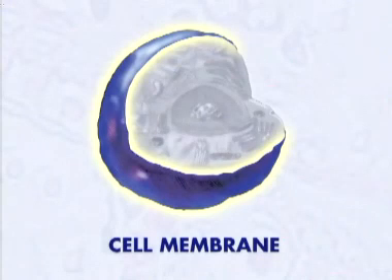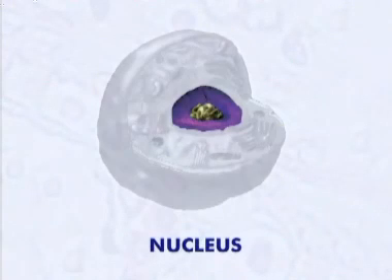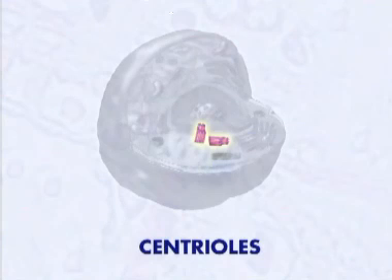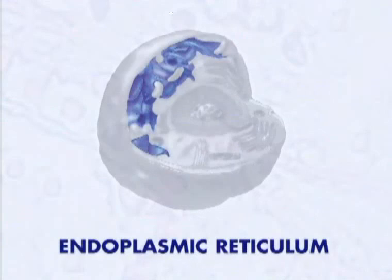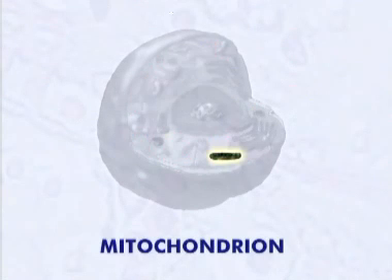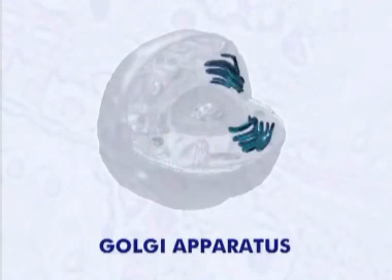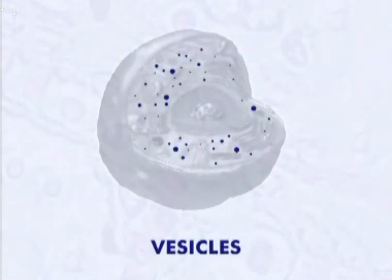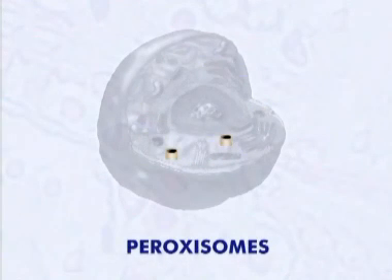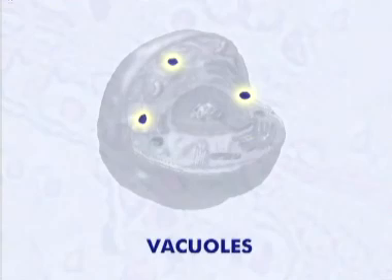Cells have many organelles in common: the cell membrane, nucleus, nucleolus, centrioles, endoplasmic reticulum, ribosomes, mitochondrion, Golgi apparatus, vesicles, lysosomes, peroxisomes, and vacuoles.